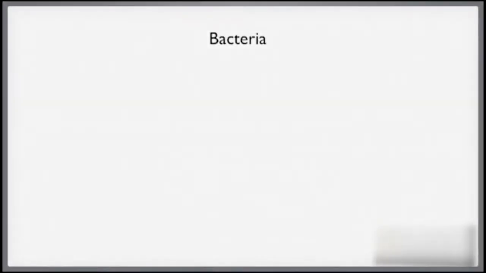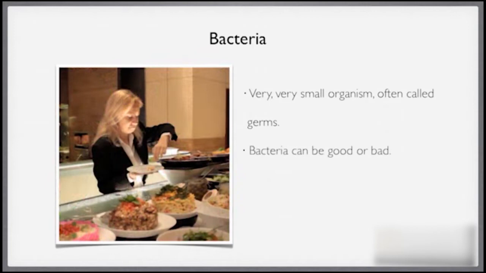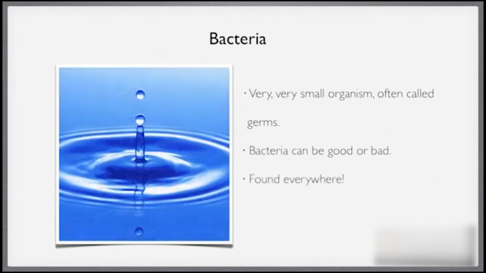Finally, we have bacteria. Bacteria is a microscopic organism, a really tiny organism, and it is often referred to simply as germs. But bacteria can be good and bad. They are found everywhere, on the inside and outside of humans, on and inside food, and inside animals.